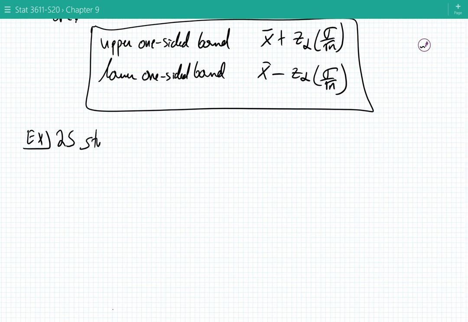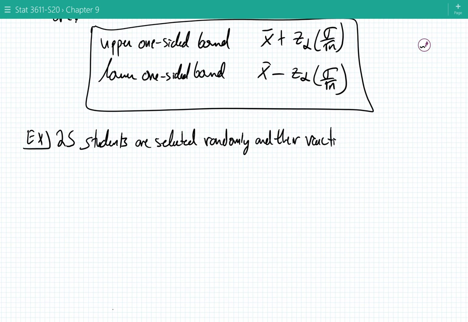Suppose 25 students are selected randomly, and their reaction time in seconds to a stimulus is measured.